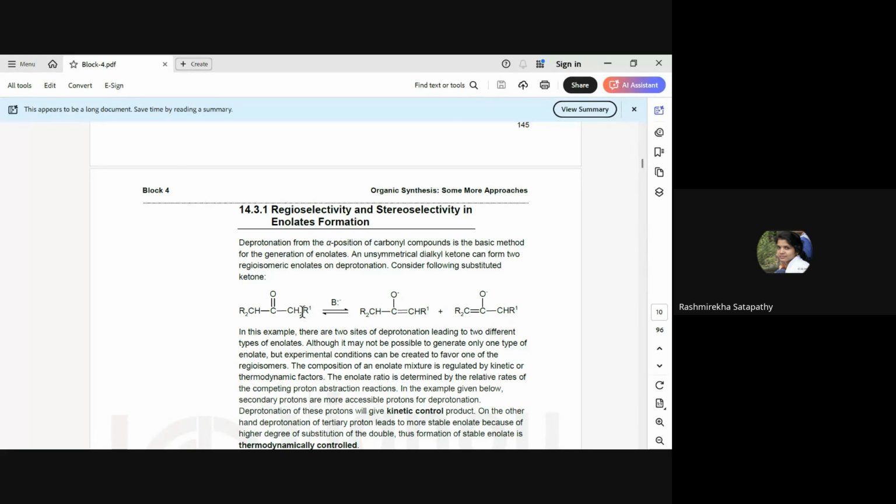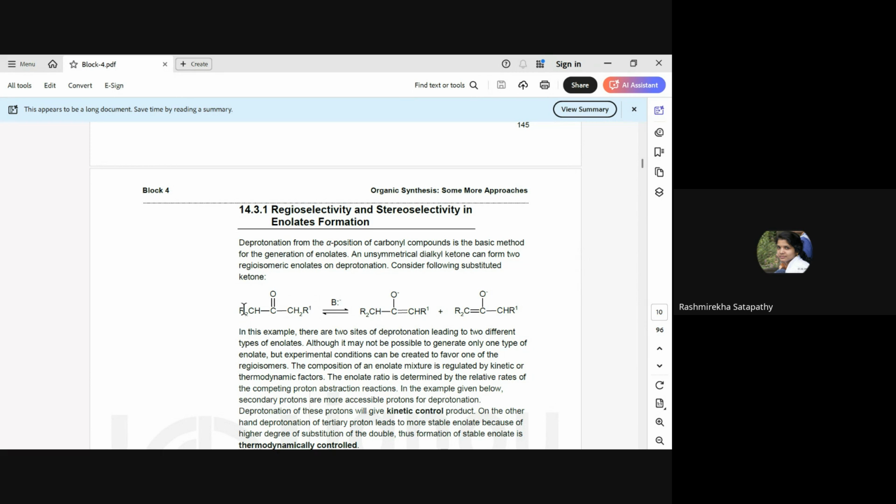This is R1CH2, this is R2CH. These two groups are not the same. This is an unsymmetrical ketone, which can form two regioisomeric enolates on deprotonation. Consider the following substituted ketone. In the presence of the base, the base takes the proton from this side, giving C double bond CHR1 single bond O minus.